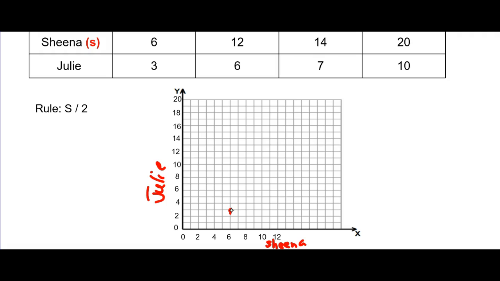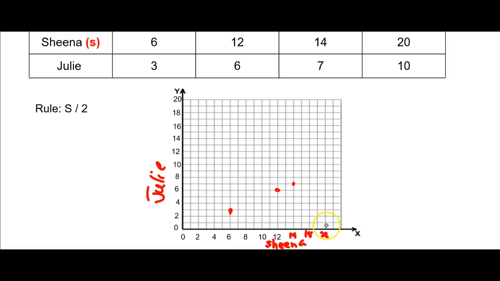Okay, when Sheena had 12, Julie had 6, so 12, 6. We're going to have to add some information here. This would be 14, 16, 18, 20, 22. When Sheena has 14, Julie has 7. Right there.